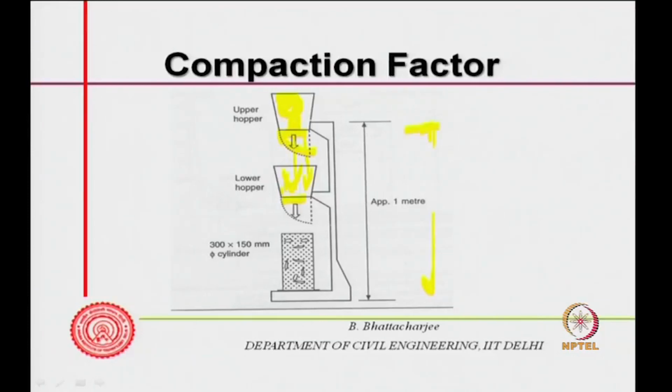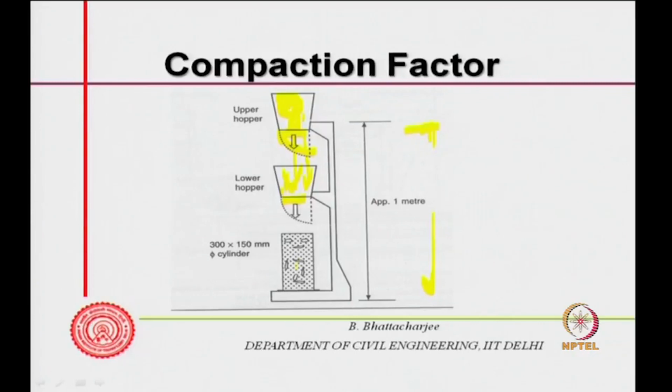If somebody packs it in a different manner, it may depend on the individual person. So, through this drop you have achieved some standard compaction, which will be more or less similar, and will not be as individual dependent as it would have been had this not been there.